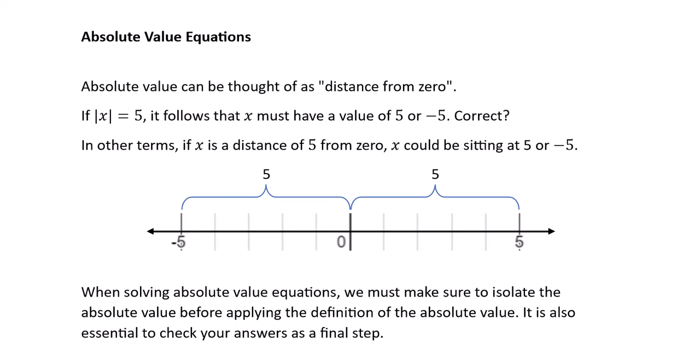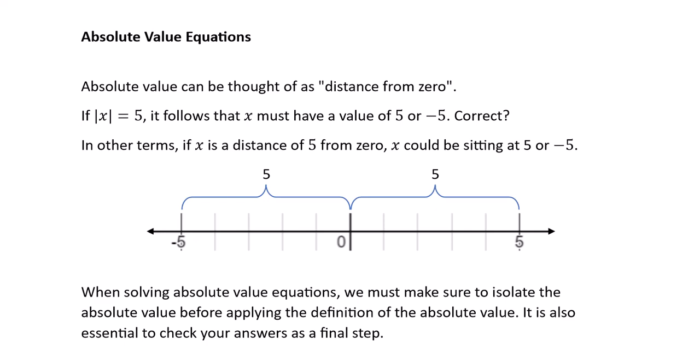Absolute value equations. Now, absolute value can be thought of as distance from 0. So if we look at a statement like absolute value of x equals 5, it follows that x must have a value without the absolute value. It must have a value of 5 or negative 5.